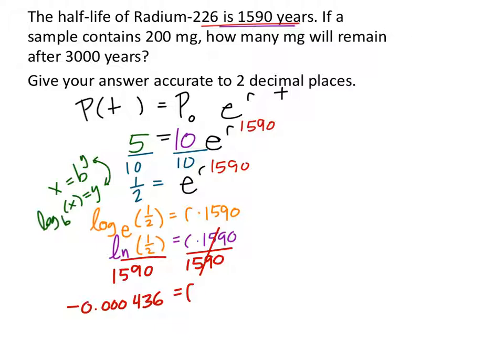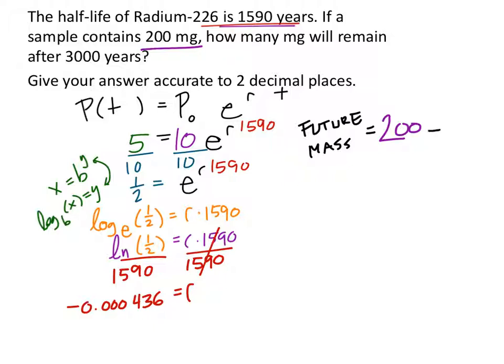So, in this one, we're going to go back to the formula, which right now is written based on population, but it's not going to matter. We don't know the future mass on this one. The future mass, based on time, is going to be, and right now it looks like we're going to start with 200 milligrams, so that would be our initial mass, 200.